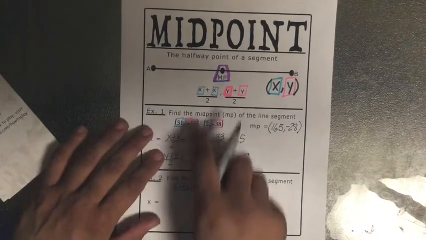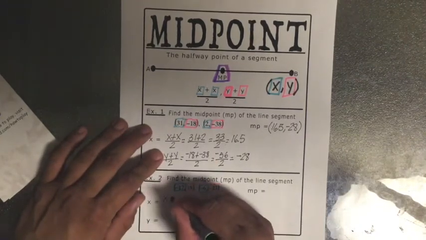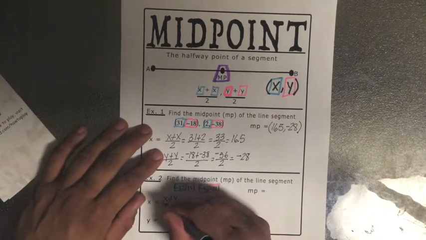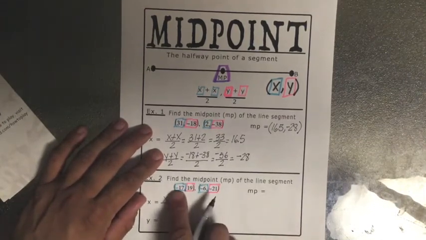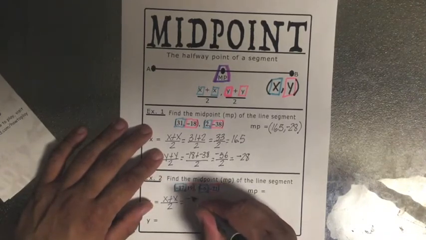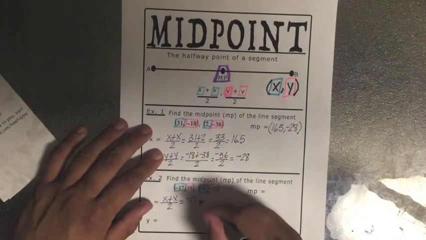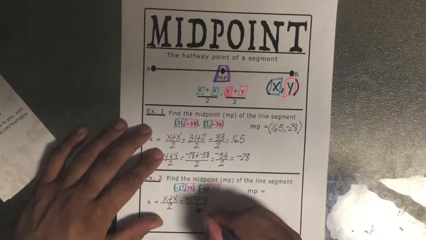All right, so our formula says x plus x, so let's do the x's first. X is equal to x plus x divided by 2, because we're finding the midpoint, the middle, divided by 2. Our x's are in blue, it's negative 17 and negative 6, so negative 17 plus negative 6 divided by 2.